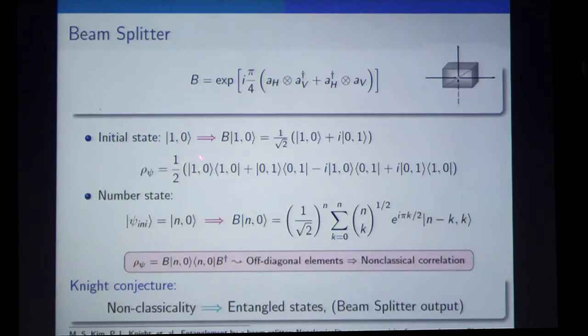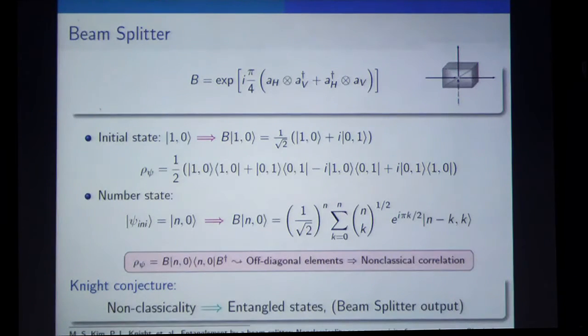For example, if we put one photon in the horizontal input and the vacuum state in the vertical, at the output we get this Bell state, which is maximally entangled. If we calculate the density operator, we find that it has off-diagonal elements. That means that we have non-classical correlation in this output state.